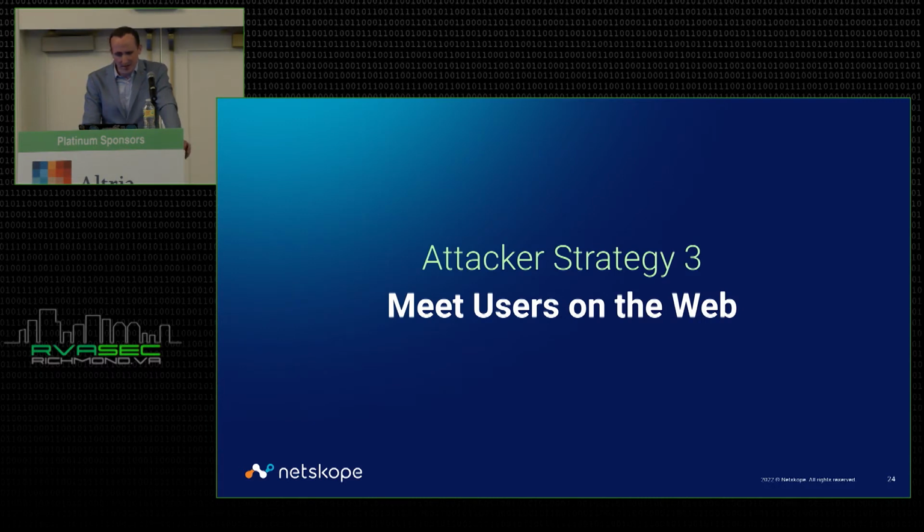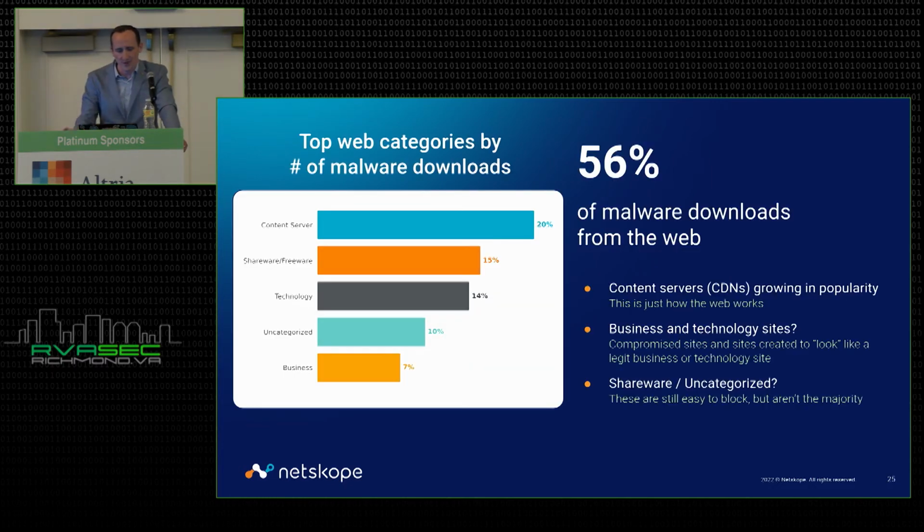So next strategy here is, the same way you're going to cloud apps, because those are the cloud apps that everybody's using, so they're probably going to fall for and click on and allow those attacks to happen. Also make sure that when you're going somewhere on the web, that place you go on the web is also somewhere a user is likely to click. So, like I said, it's about a 50-50 split of the malware coming from web or cloud.